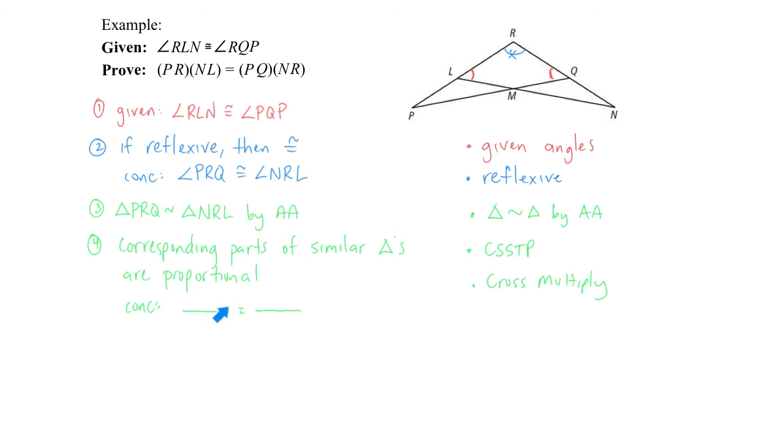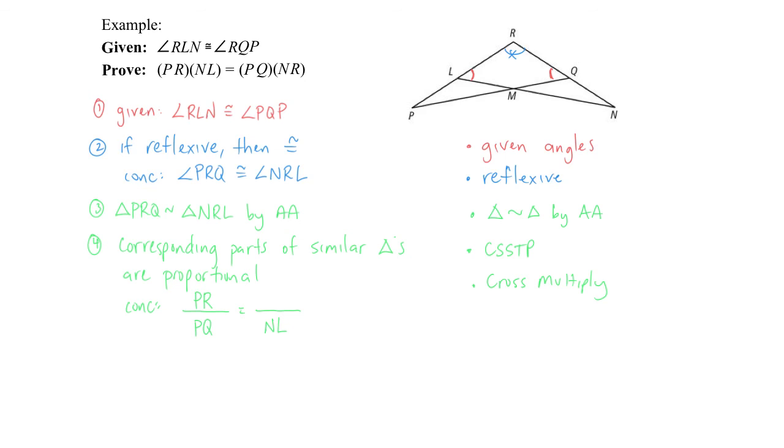In order to figure it out, go up to your statement here, your proof statement. Notice that PR is being multiplied by NL. Since we cross-multiplied, that must mean that PR and NL are on a diagonal from each other. And then the other two you can put anywhere you want.